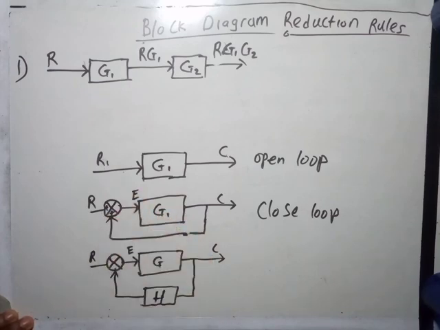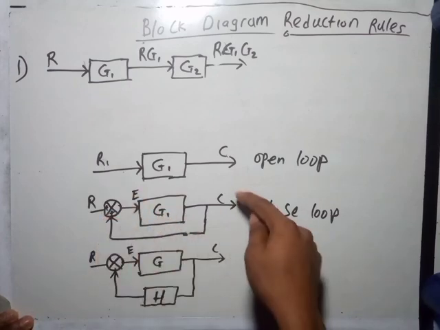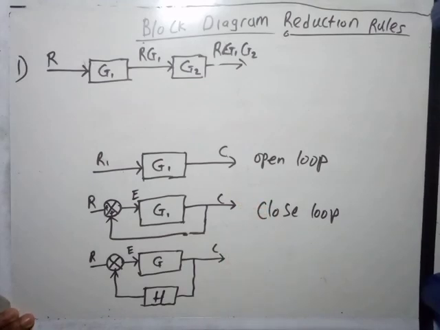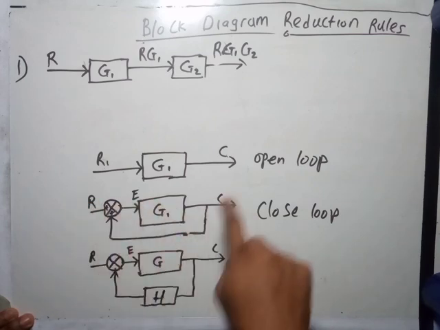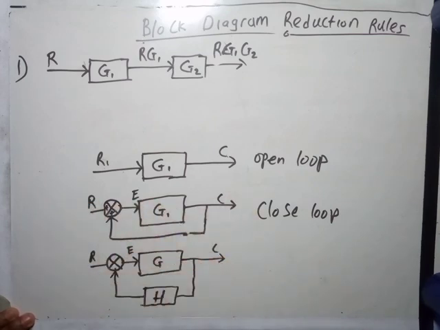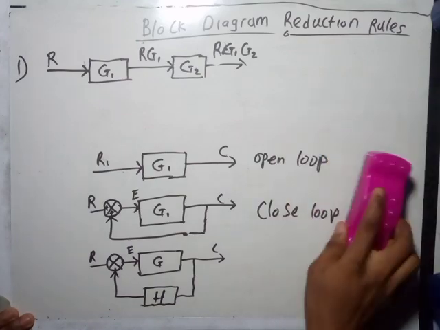The error determines what the next output will be. So that is how the system keeps correcting itself till it gets the particular output that it wants. So that's for that.